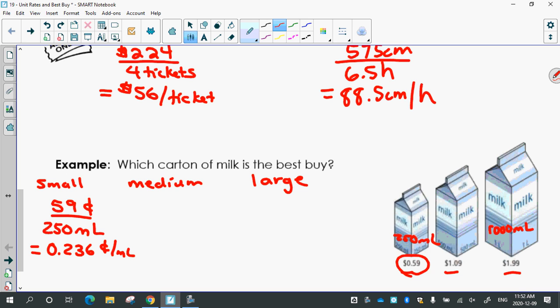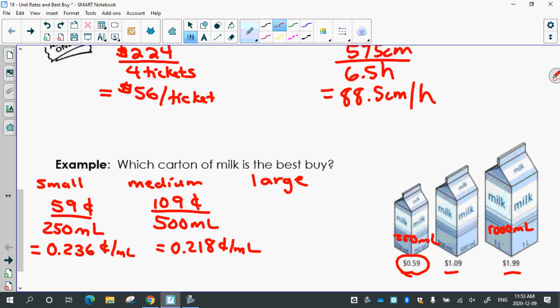For the medium carton of milk, it's $1.09, which is 109 cents, and it's 500 milliliters. So we'll see how many cents per milliliter it is. 0.218 cents per milliliter.